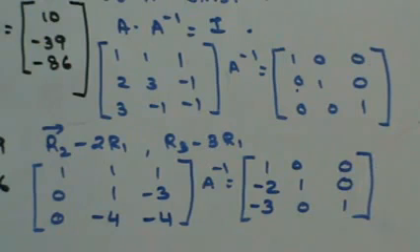Okay. Now the number in the fifth position should be 1, it is already 1. The number in the fourth and the sixth position have to be made 0. So R1 minus R2 and R3 plus 4R2. So in which case you will get this as R1 minus R2: 1 minus 0, 1 minus 1, 1 plus 3, which will give me 4.